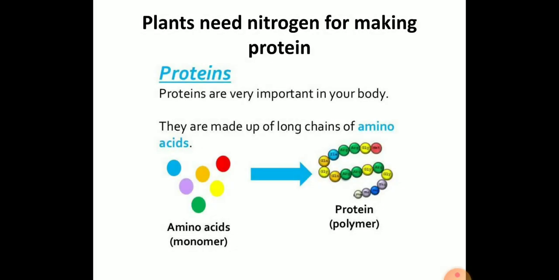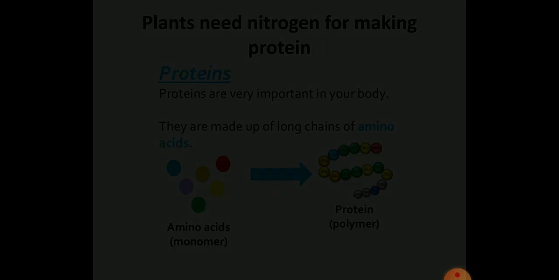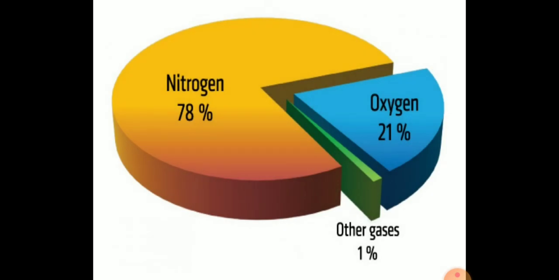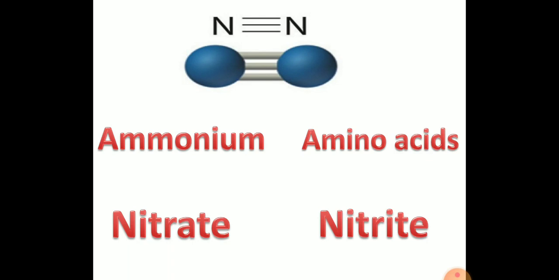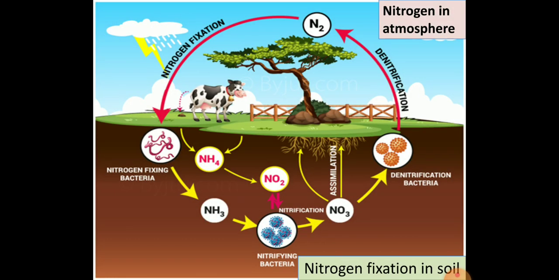Plants need nitrogen to produce protein, but they can't take it directly from the air, where it is abundant in the form of diatomic nitrogen gas. In order for plants to get nitrogen, it must be converted into a usable and soluble form, such as ammonium, amino acids, nitrate, and nitrite, by the process of nitrogen fixation.